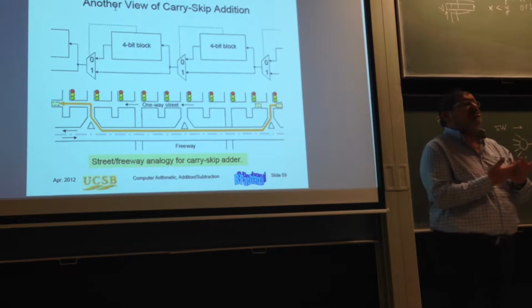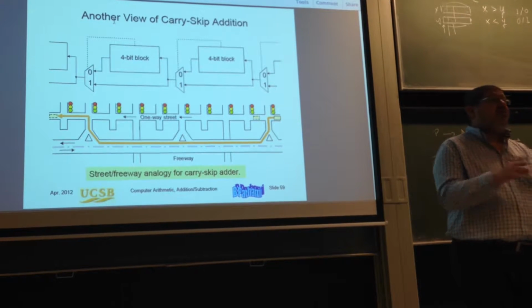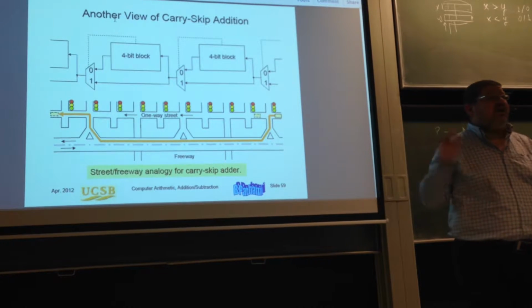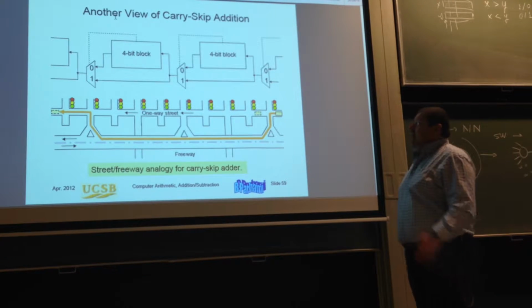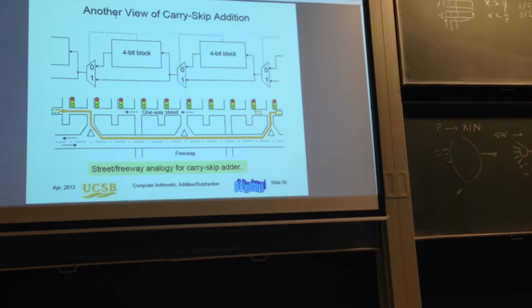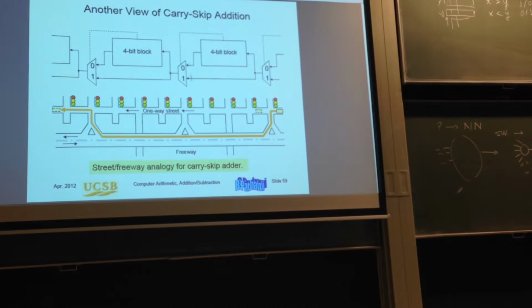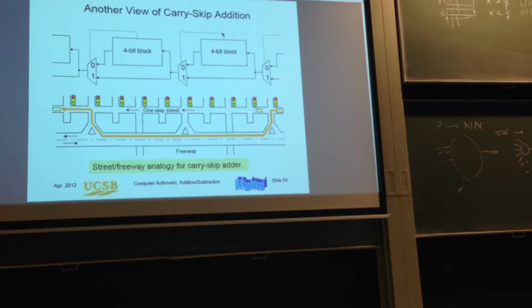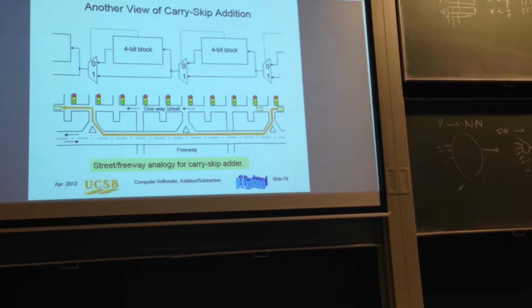If all positions are propagating, the block is propagating. You see, now I don't care about generate. What I care for is propagate. Now, if a block is propagating, I know the carry out of this block immediately after I know it's propagating. I don't have to go through the calculation and pass it further.